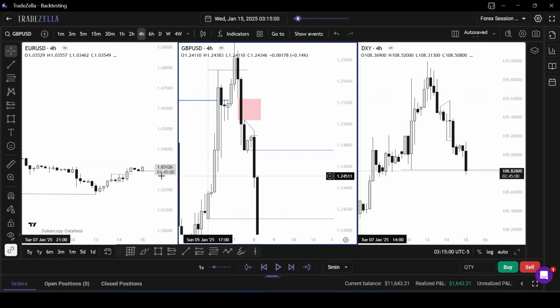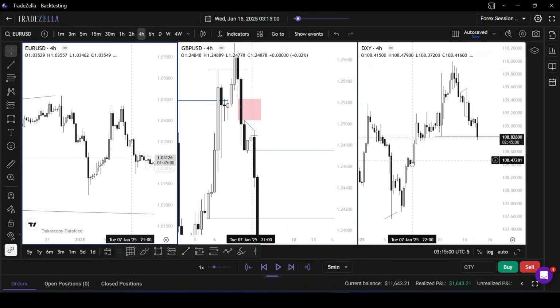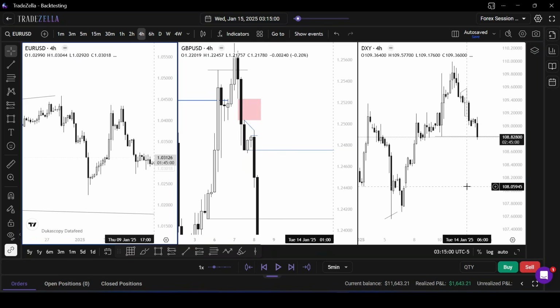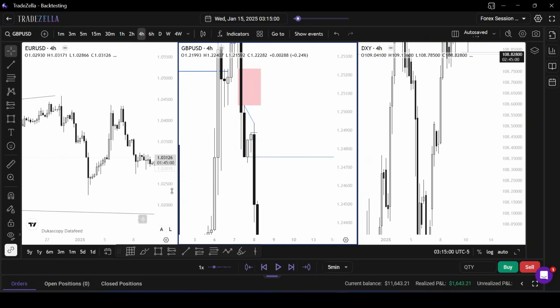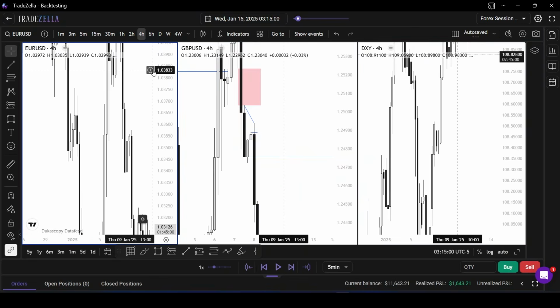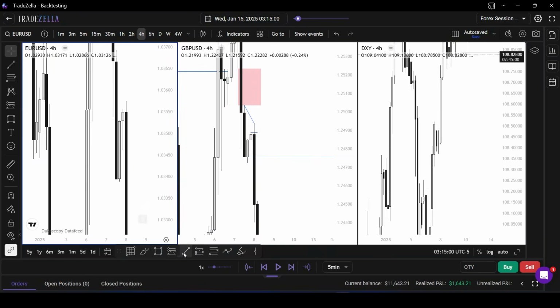If we had an SMT with that key level here, was there any SMT with that key level? Taking a look at it, we did not have any SMT with this fair value gap, but we had another fair value gap here.